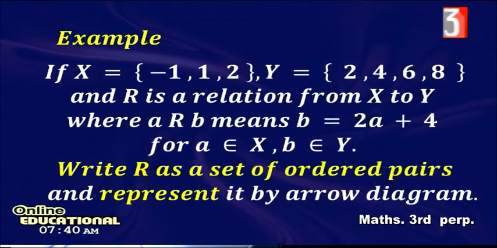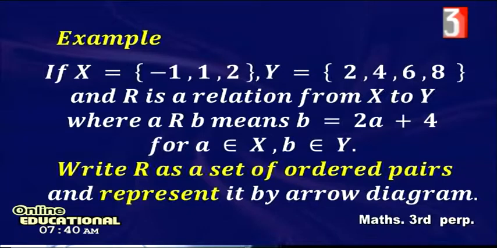If X equals {-1, 1, 2}, and Y equals {2, 4, 6, 8}, and R is a relation from X to Y, where a R b, what's a R b? It's read as a relation b, or in other words, that there is a relation between a and b. Someone asks me, Miss, what about a and b?